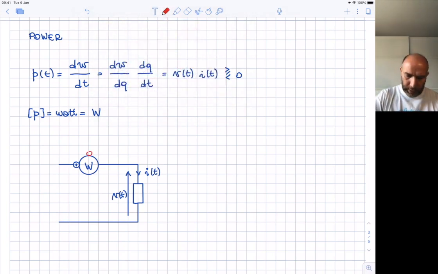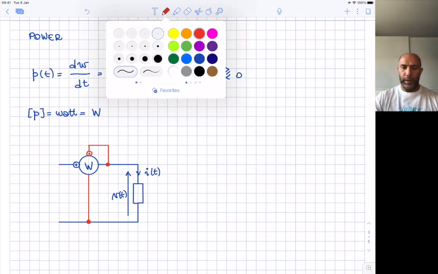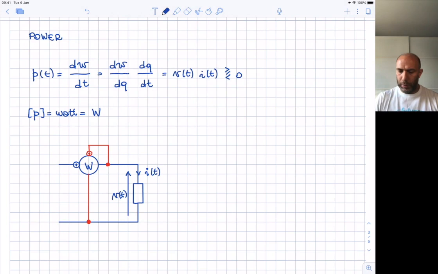And also in this case we need to identify one terminal as the positive terminal for the voltage. So, in this case, we have defined an instrument that has four terminals. Two terminals are related to the measurement of the voltage and two terminals are related to the measurement of the current. This instrument is called wattmeter.